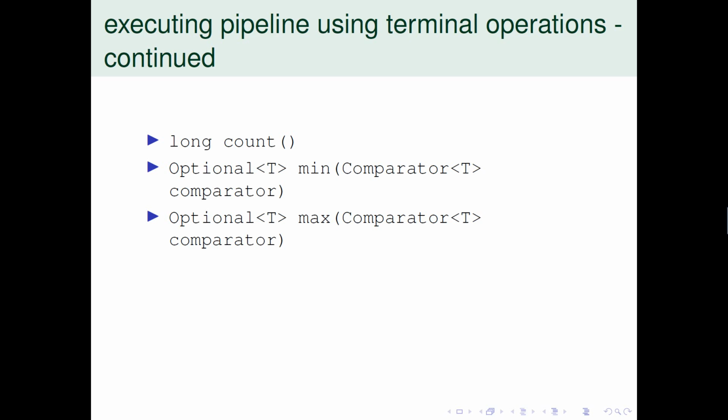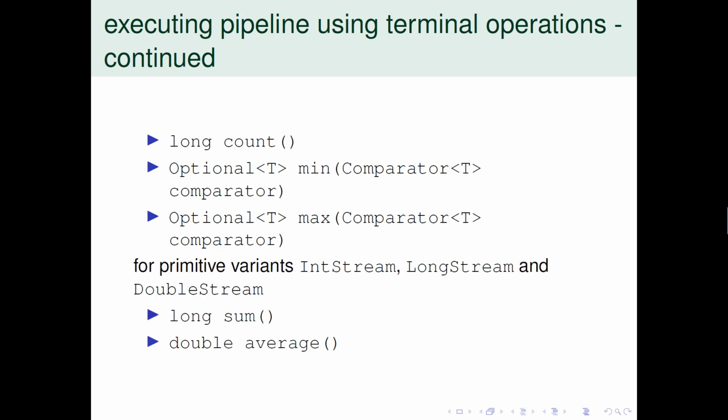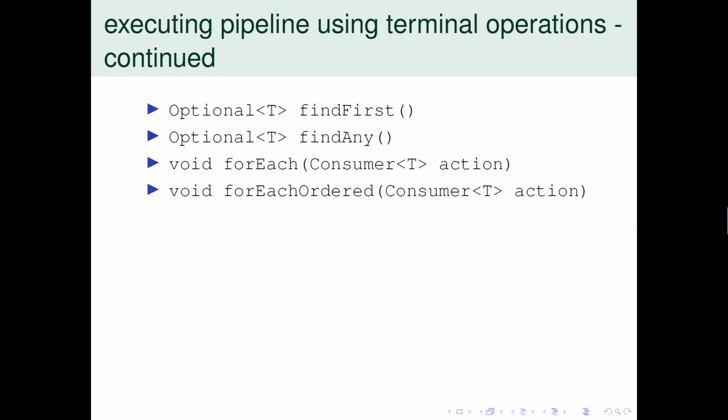It says optional, because if it's an empty stream, I don't have a min, I don't have a max. For the primitive streams like int stream, long stream, double stream, we do have methods like sum and average as terminal operations.